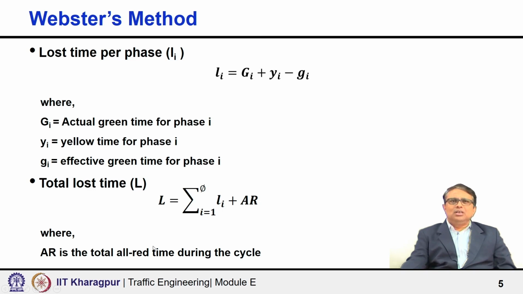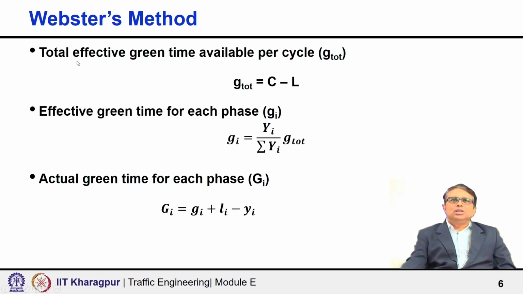Here is the total all red time during the cycle, so all the phases are considered together. Now, the total effective green time available per cycle will be the cycle time minus the total lost time, C minus L.